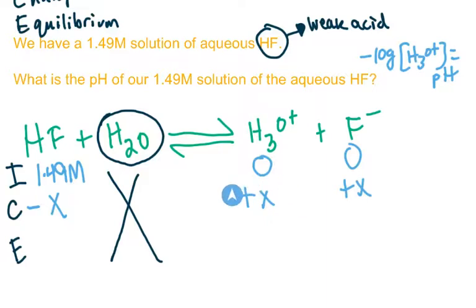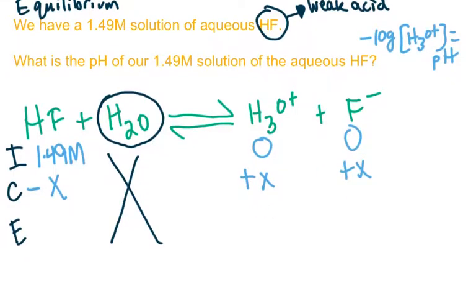I worded that a bit weirdly, but what I'm trying to get at is that we don't know how much hydrofluoric acid will dissociate into the products, so we write minus x, but we know something will. And so we know we're going to gain some products in the form of an unknown variable, an unknown concentration amount. I hope that made sense. I hope I wasn't too confusing about it.